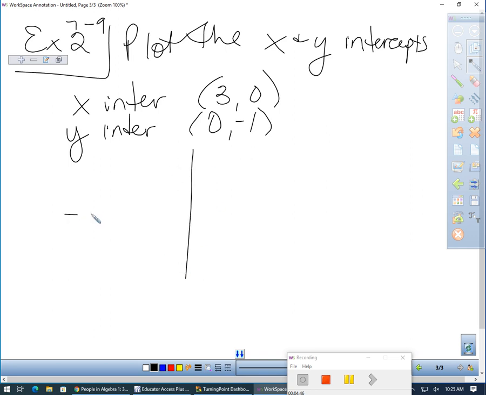I'm going to draw my graph. The first point I have is 3, 0. So that's on the x-axis at 3. I'm going to put a dot. The second one is 0, negative 1, which means it's on the y-axis at negative 1. And what do you think we're going to do with those 2 dots? Connect them, absolutely. Yep. Okay. Questions so far?